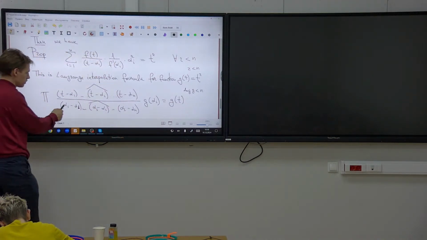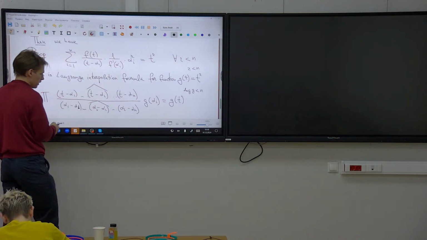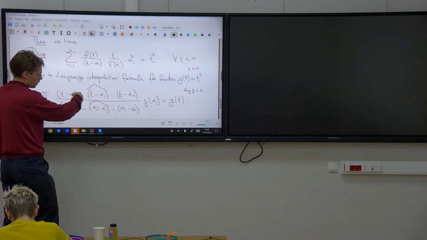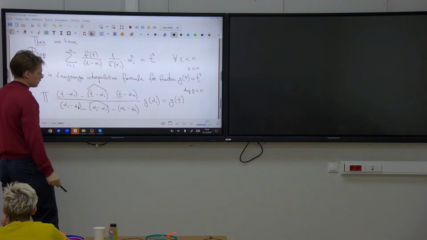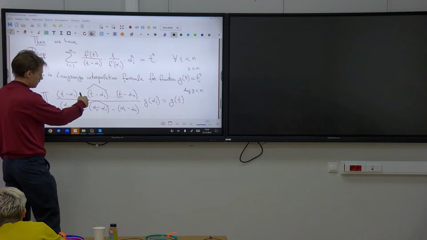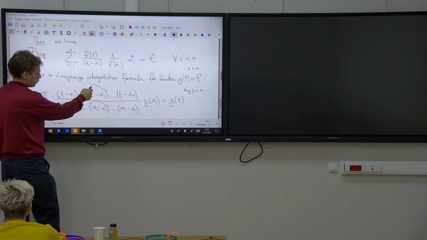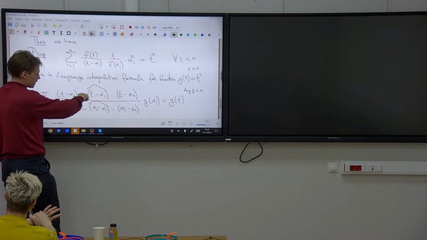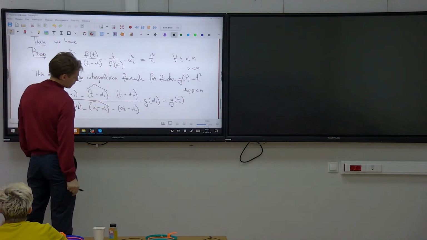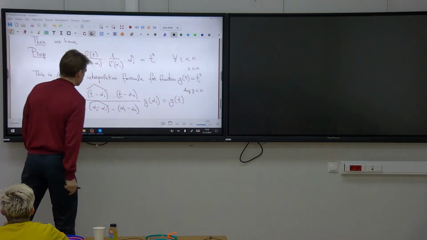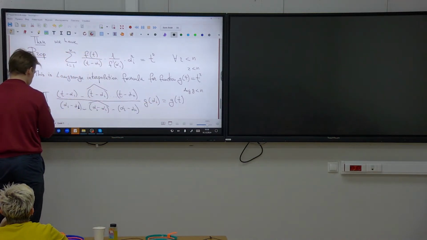You just substitute the corresponding root alpha I, and you see that if your product contains alpha I, then it gives you 0. If you omit alpha I, then upstairs you substitute alpha I, so this fraction becomes 1, and you get the corresponding value of the function.